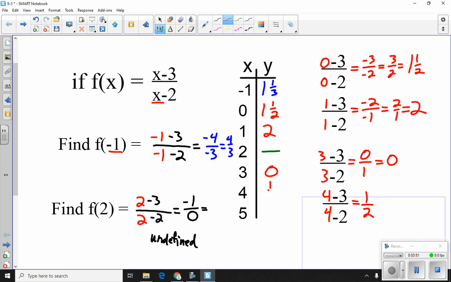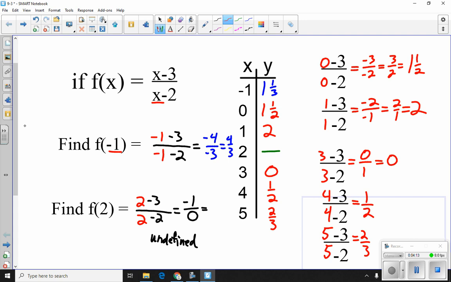So that looks like a 1/2. And 5 minus 3 equals a 2 over 3, so that's 2/3. So using that formula to solve for all these y points is still how we're going to end up graphing these.